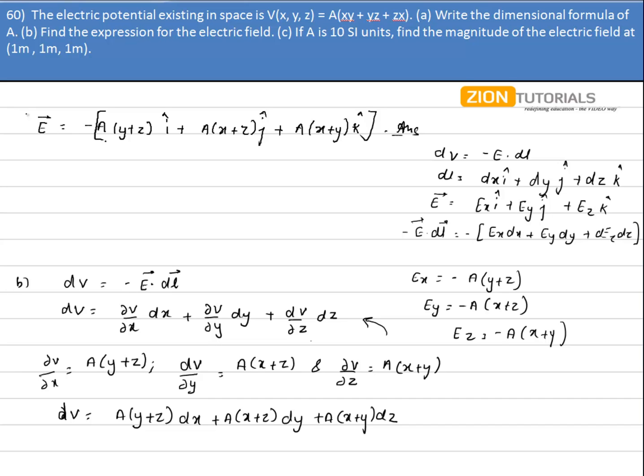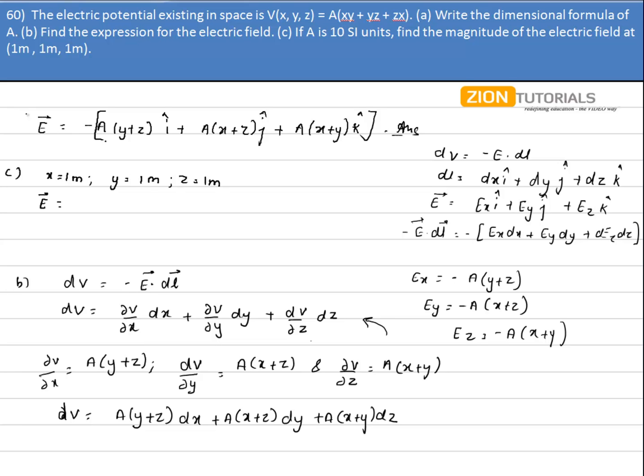Now in the third part, we have to calculate the magnitude of the electric field at a point where x is equal to 1 meter, y is 1 meter, and z is 1 meter. So we have the value of the electric field.